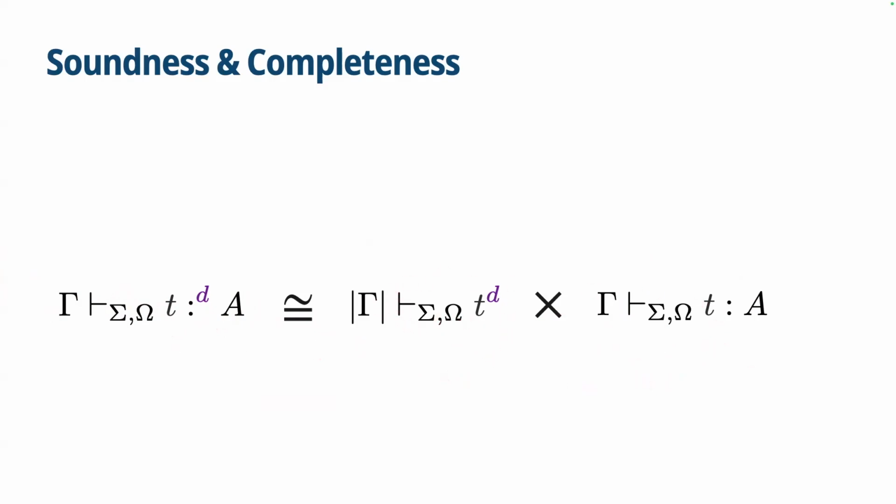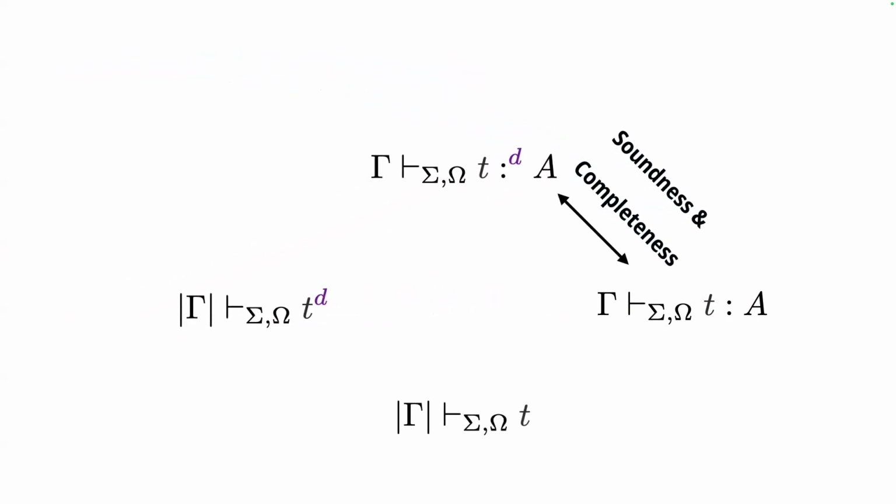Okay, and that's good. And that also means that we don't need to check the bidirectional typing in one go because we can split it in two steps. Okay, and that's it for now.